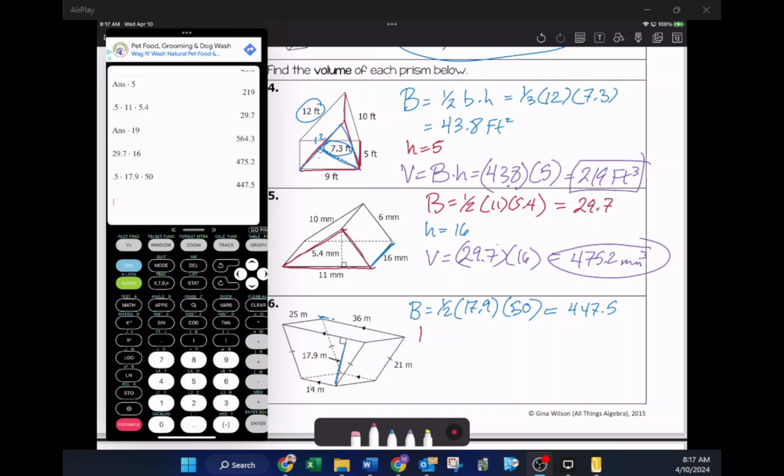The height is the distance between the two bases, which happens to be 25. So we multiply our answer by 25. Volume is 447.5 times 25, which is 11,187.5 meters cubed.